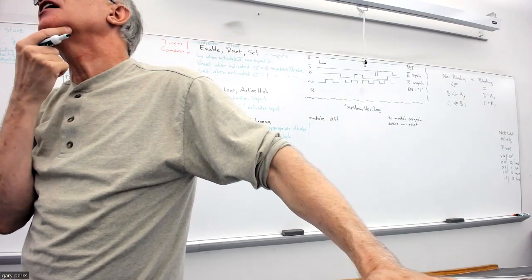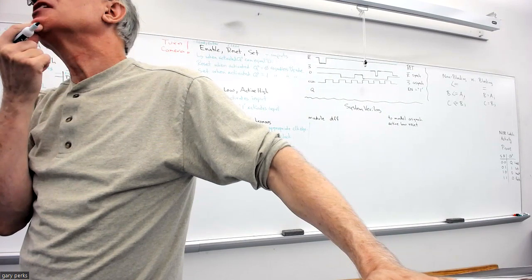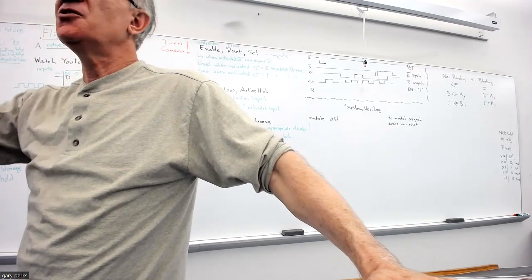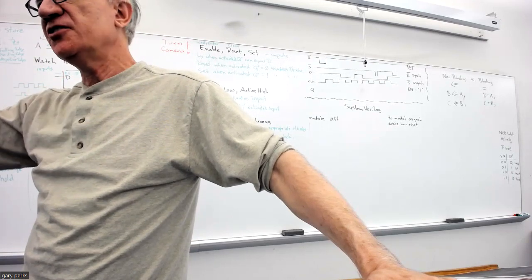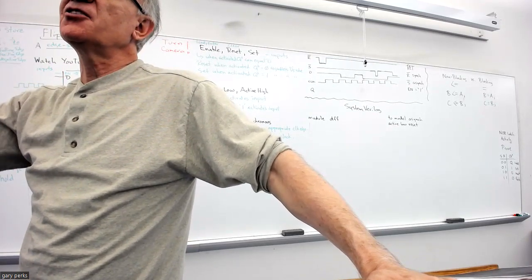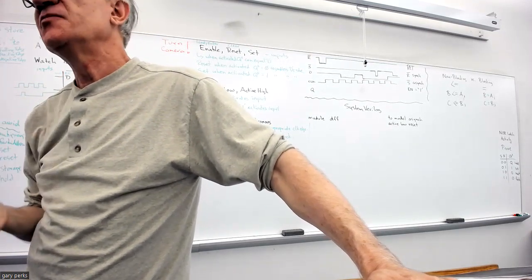Active low and active high in SystemVerilog is basically done the same way, but you don't do a bitwise active low or active high because you don't write equations. So active low, active high in SystemVerilog would just be in an if statement, and it would still be an exclamation point.